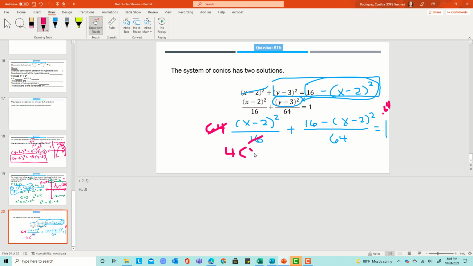So we get rid of that denominator there, and we're left with 4 times (x minus 2) squared plus, 64 goes into 64 1 time, so that's gone, and we have 16 minus (x minus 2) squared equals, and then 64 times 1 is 64.